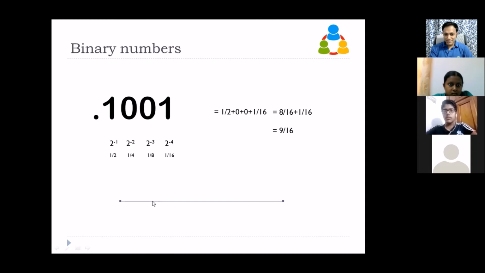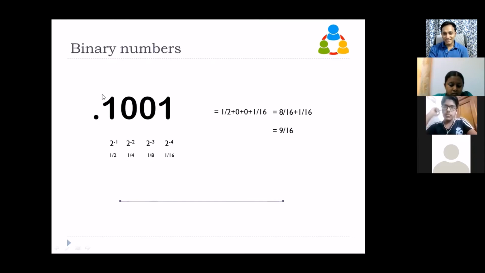So between this and this, let us assume we are trying to represent 7 point something. Then this is between 7 and 8. Assume we are trying to find out 151 point something. Then we know the value is between 151 and 152. We are trying to find out where between them this is falling.